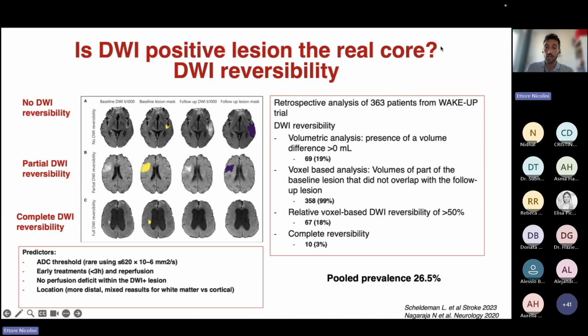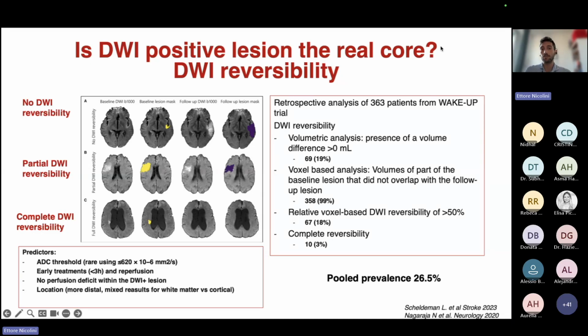in 3 different ways. First, a volumetric analysis in which about 20% of patients showed DWI reversibility. Then a voxel-based analysis in which almost all patients, 99%, showed some kind of DWI reversibility, while the most restrictive definition, a relative voxel-based DWI reversibility of more than 50% of the lesion, was present in 18% of patients, with 3% of patients presenting a complete reversibility.